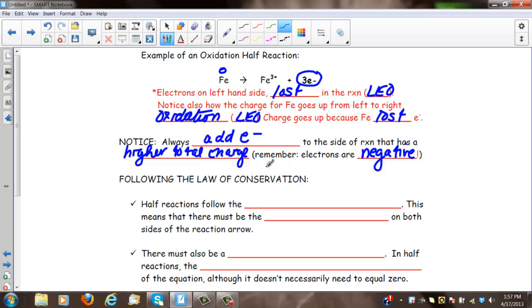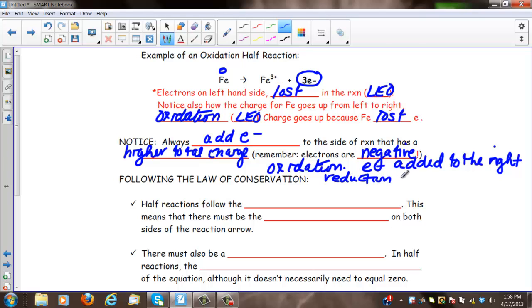Some students just prefer to memorize that if you have oxidation, the electrons are added to the right, and in reduction, electrons are added to the left.